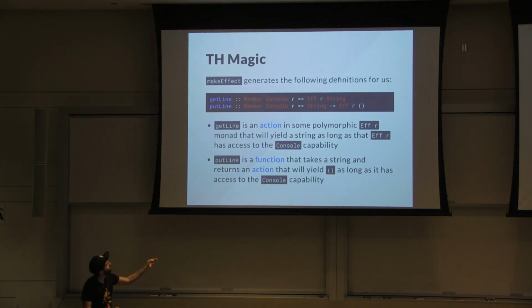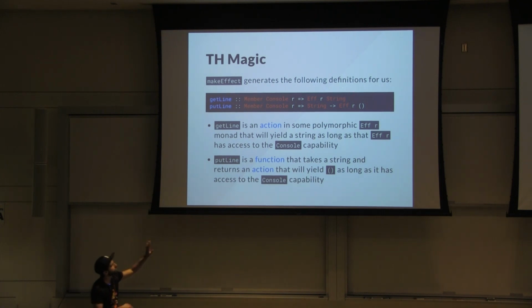So as I said, makeEffect generates a couple of definitions for us. You might ask, why didn't we just write these ourselves? For a two function algebra, that might not be a lot of work, but sometimes these things can get significantly larger. And so it's nice that the very mechanical process of defining these lowercase functions gets done for us.